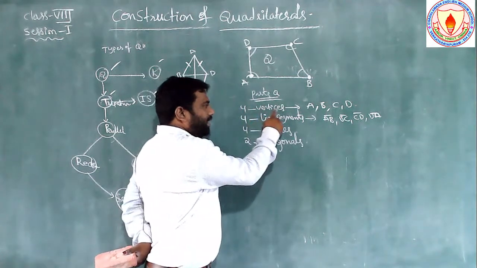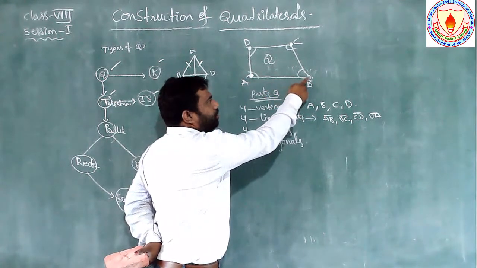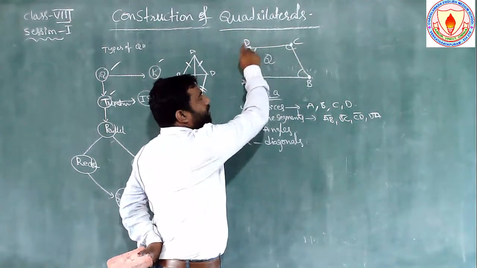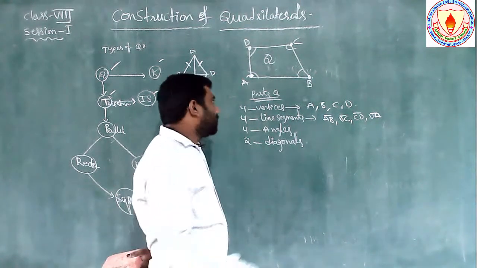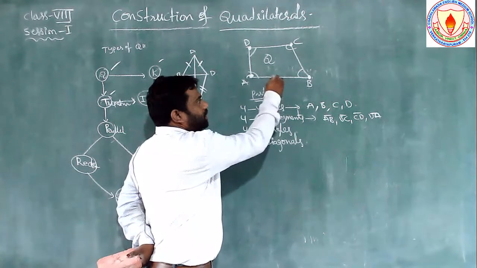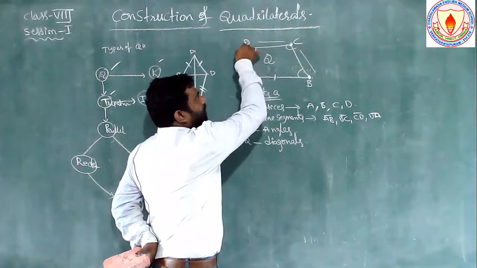Again, four vertices: A, B, C and D, plural vertices. Next, line segments: AB, BC, CD and DA.